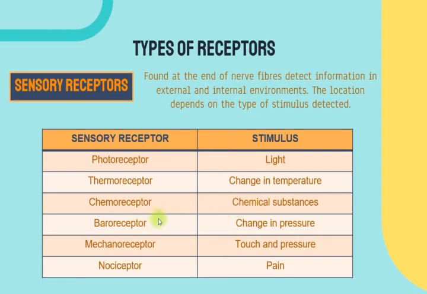Next, baroreceptor. Baro refers to pressure. It is a receptor that detects changes in the pressure in the body, such as changes in blood pressure. Mechano refers to touch and pressure, so the mechanoreceptor will detect changes in touch and pressure.